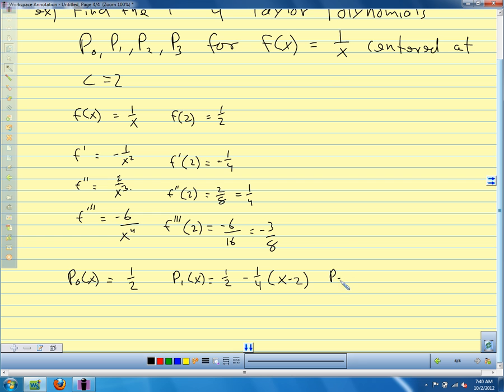P2, I'm increasing my accuracy with each term. When I substitute my coefficients in, I get 1/2 minus 1/4 times x minus 2, and I'm going to write this unsimplified first, plus 1/4 times 1 over 2 factorial times x minus 2 squared.